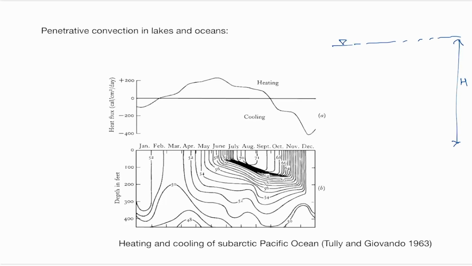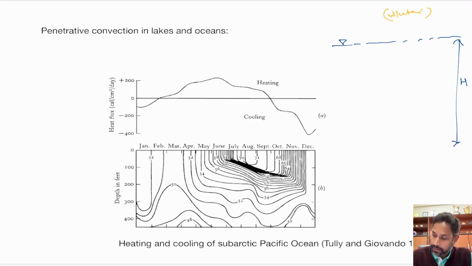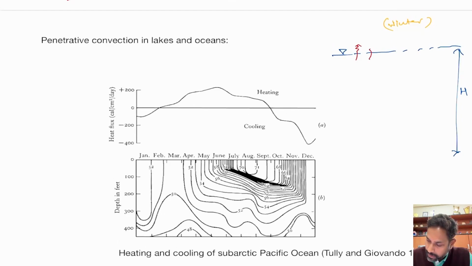So now during winter, when there is already certain stratification or temperature in the water, the atmospheric temperature goes below the water temperature. So what happens is you start supplying heat from the ocean or lakes into the atmosphere, and once you supply heat, the upper layer of fluid starts getting cooler compared to the lower layer, right?